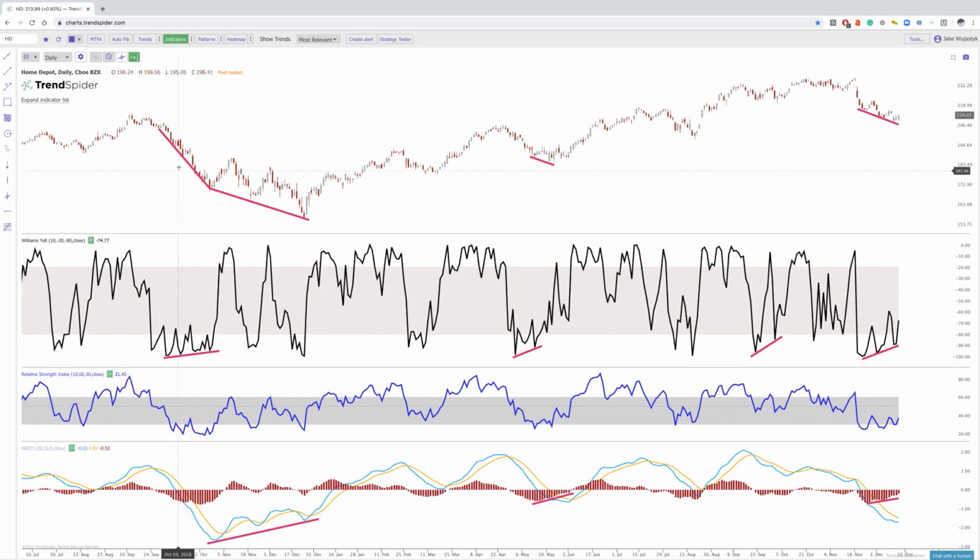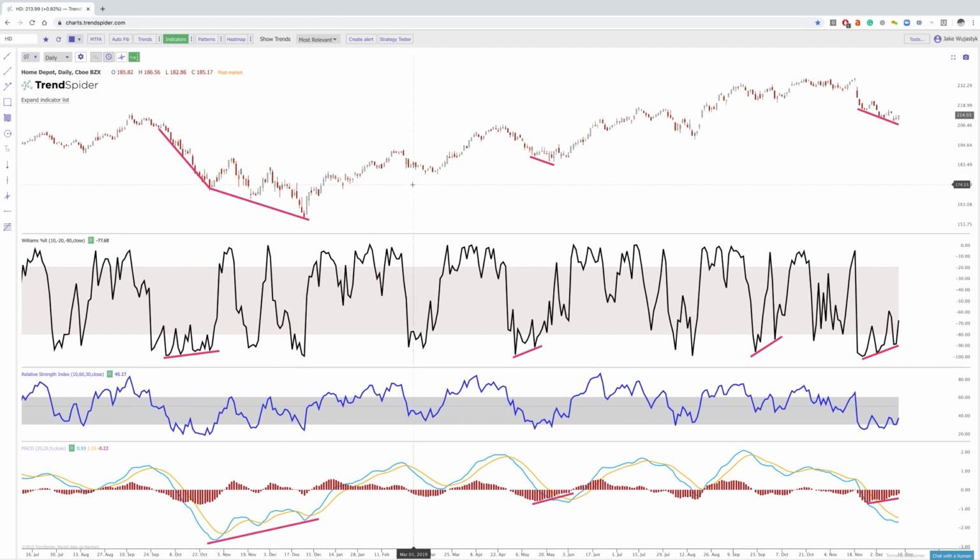So every time that this bottoms out, the percent range actually bottoms out at a higher level. And you can see over time, this starts to slope to the upside, and then this sloping to the downside, this is really like the ideal divergence. So in this case, this is positive divergence, because the percent range is going up, price is going down.